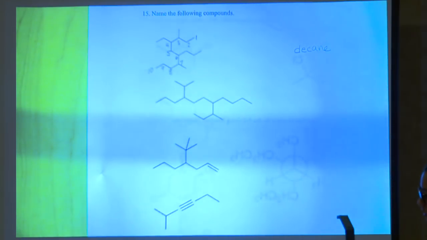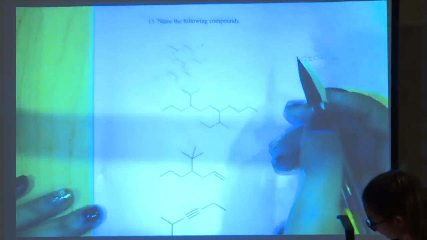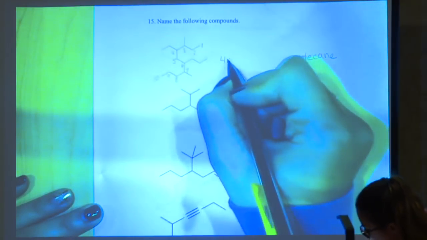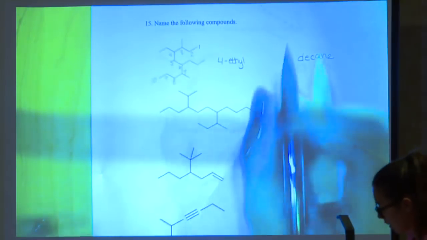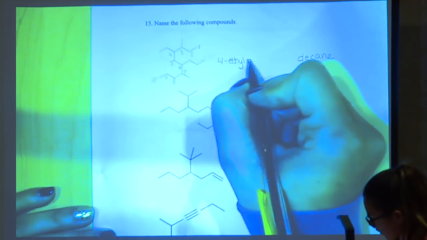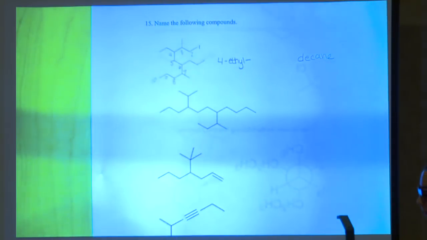And our substituents, what do we start with? Ethyl? Okay. Why with ethyl? Good. And then what? Does our di factor into the alphabetical?